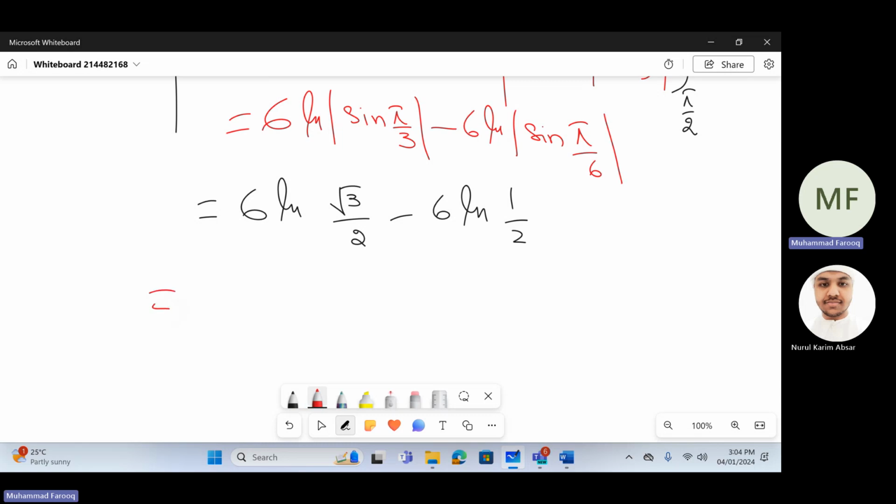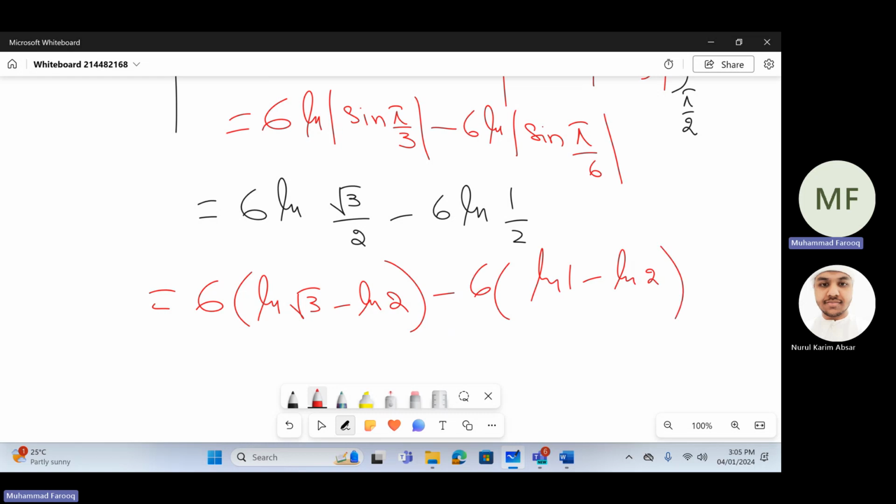Okay, now 6 times, can I write this like ln root 3 minus ln 2? Yes or no? Yes. Minus 6 times, I write ln 1 minus ln 2. Yes, because the argument has a fraction, and a fraction changes to subtraction.